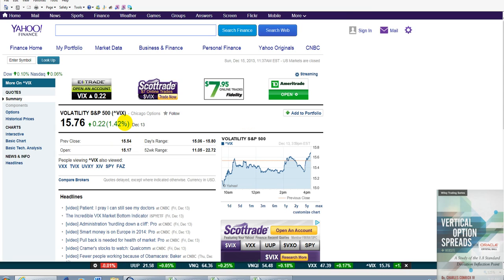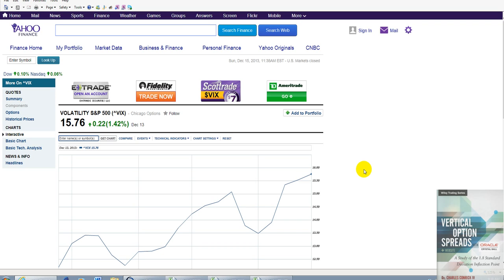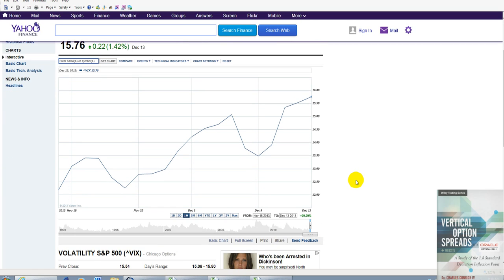I will get into numerous studies later on, and if we looked at where the volatility has been for the last month, Yahoo Finance will pick up a chart for us. And we can see that volatility, as measured by the VIX, has been anywhere from a low of 12, been on the increase, came back down during December 9th, and now has increased dramatically because the market came down.